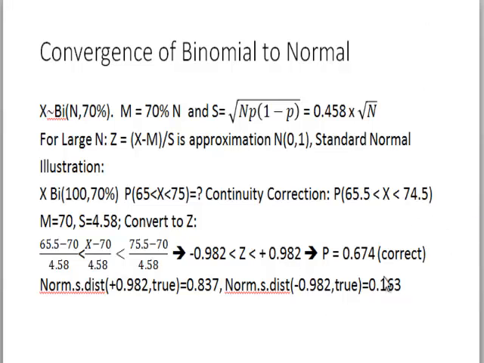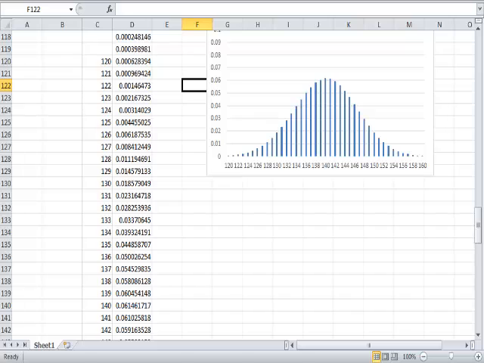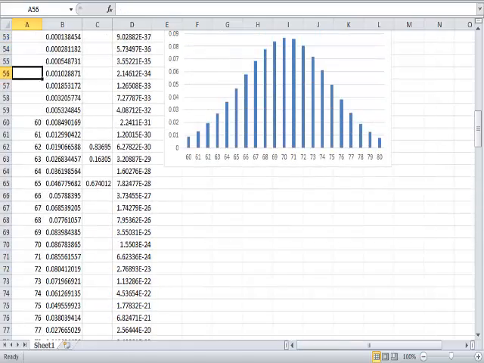Now we will check it in Excel. So you need to get confidence in these formulas by seeing that they work. So here it is.